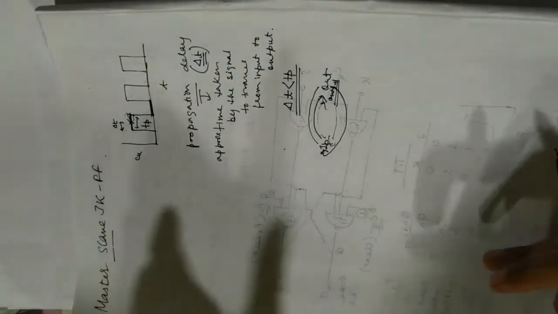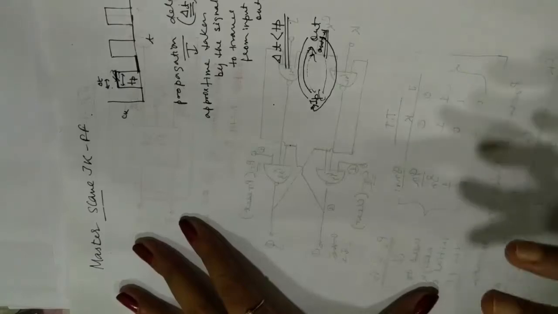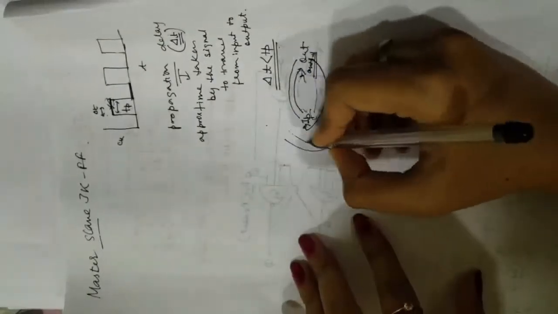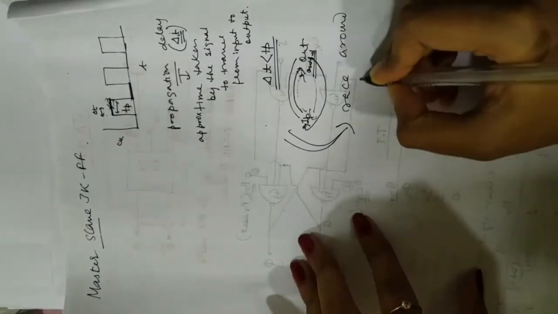Because of this, an ambiguous result will be obtained at the end of the clock pulse. This is obviously not welcome, so this needs to be corrected. Now this condition is called race around condition.